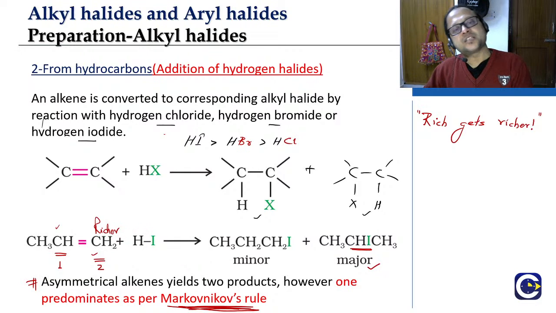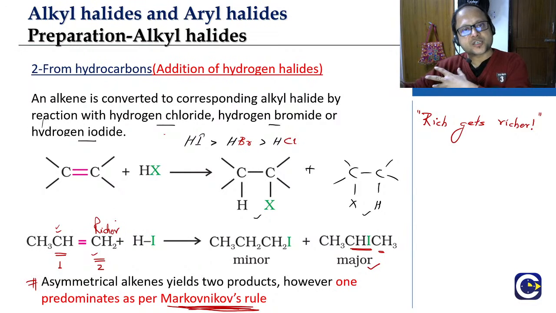In the major product, it initially had two hydrogens and now it has got three hydrogens. So rich simply got richer. That is how you can remember what is going to be your Markovnikov addition product, right?